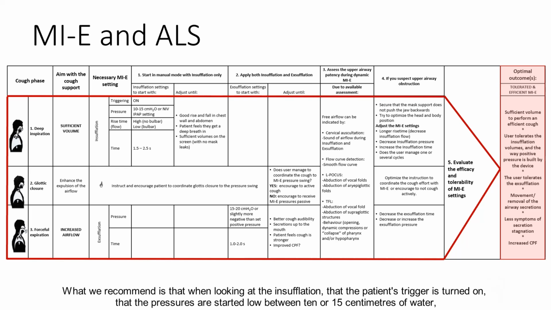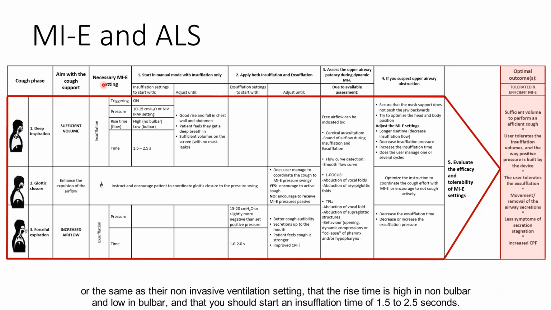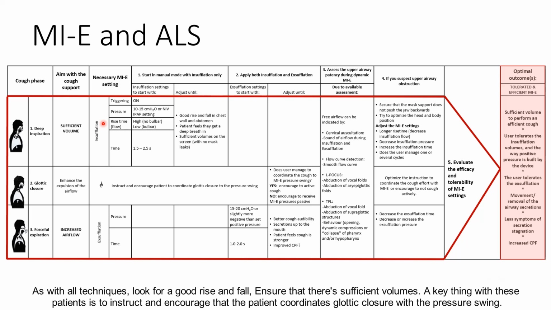What we recommend is that when looking at the insufflation, that the patient's trigger is turned on, that the pressures are started low between 10 or 15 centimetres of water or the same as their non-invasive ventilation setting, that the rise time is high in non-bulbar and low in bulbar, and that you should start an insufflation time of 1.5 to 2.5 seconds. As with all techniques, look for a good rise and fall, ensure that there's sufficient volumes.